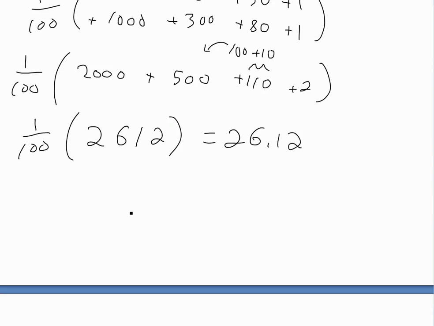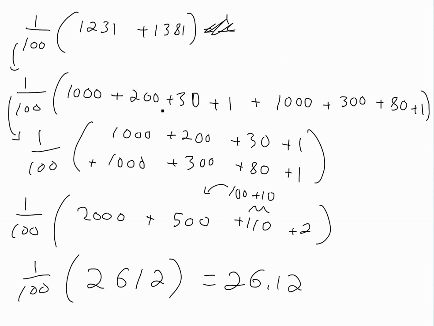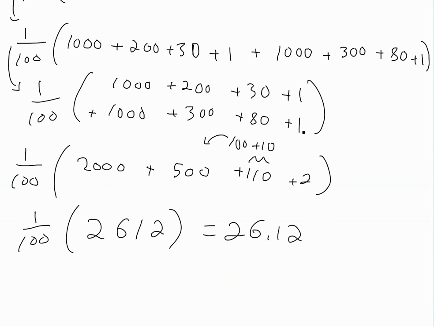Now, if you were to look at subtraction, we have, let's say, 12.31 minus 13.81. If we rewrite it the same way, we get to the same step, except it's going to be a subtraction.